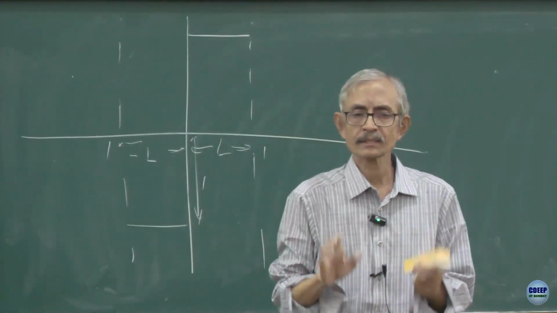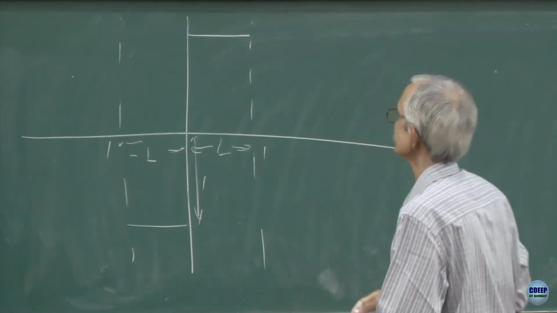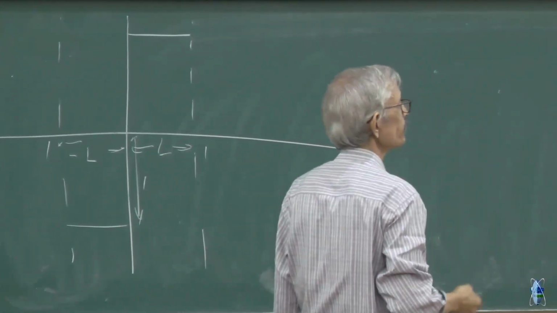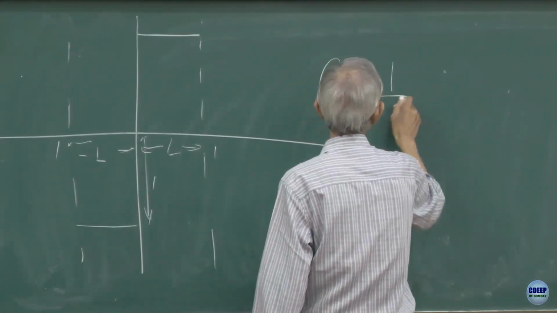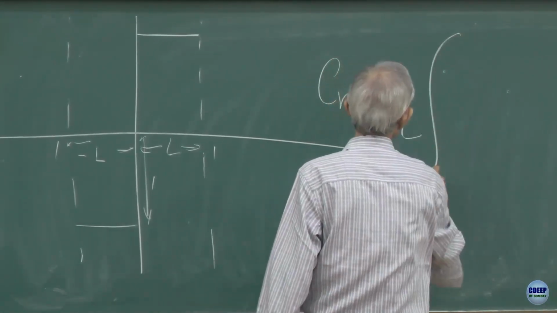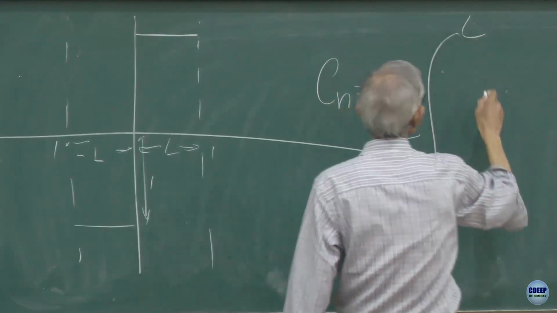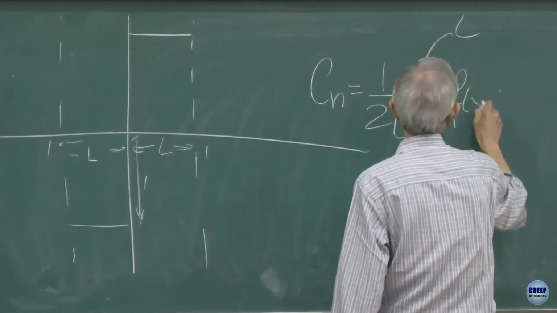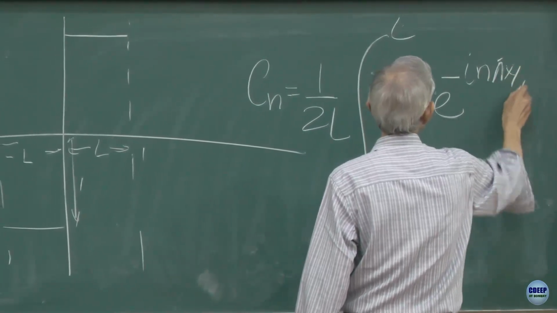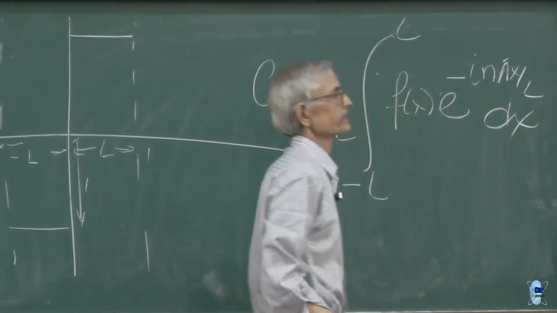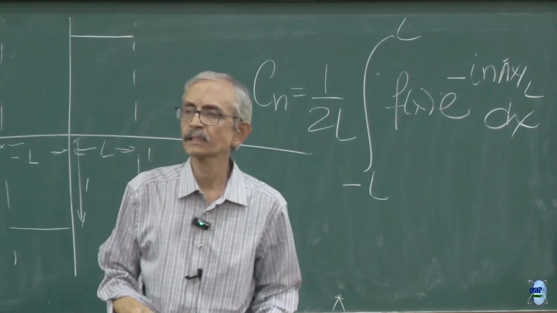So the C0 term is not going to be there. Now Cn: the definition of Cn is 1 by 2L, integral from minus L to L of f(x) e to the power minus i n pi x by L dx. This is my Cn.